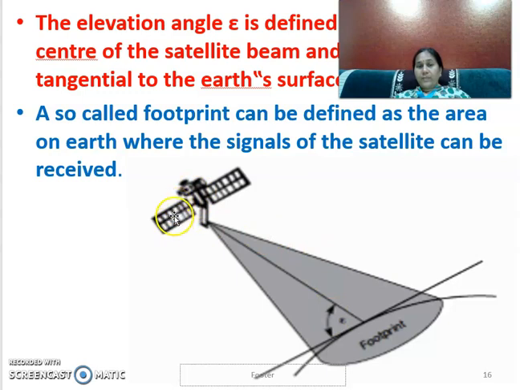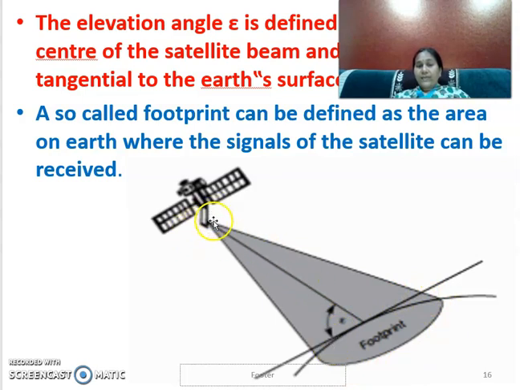So I once again repeat, this is your satellite. From the satellite, this is the signal as it is applied onto the earth. This is the total area of coverage of your satellite, which is called the footprint area.